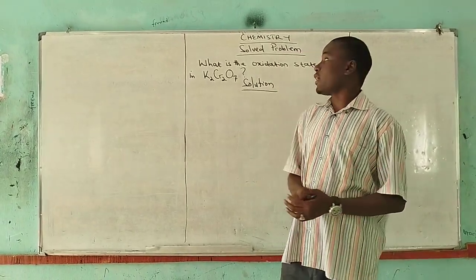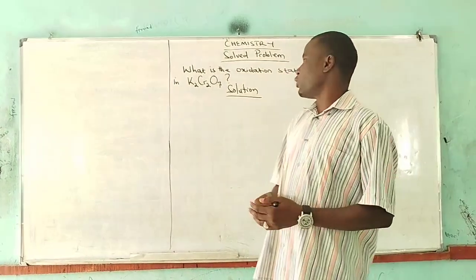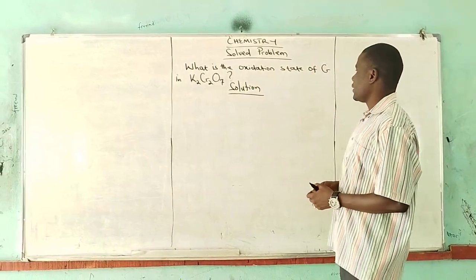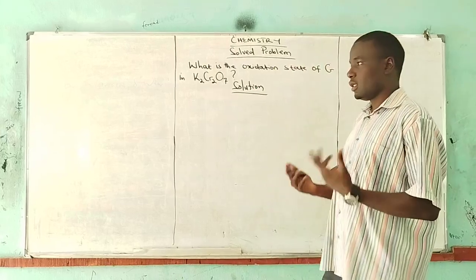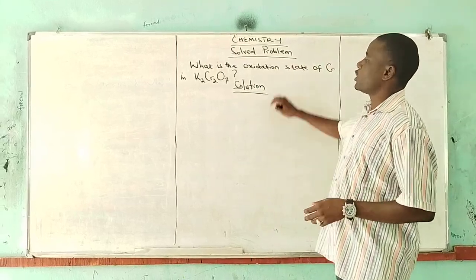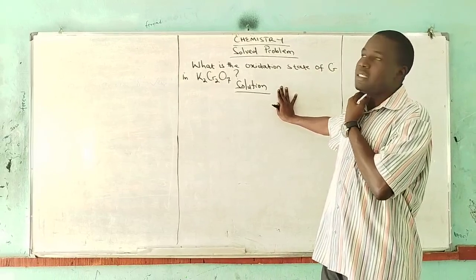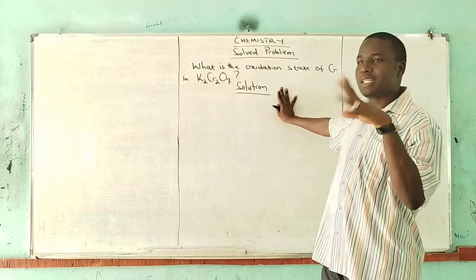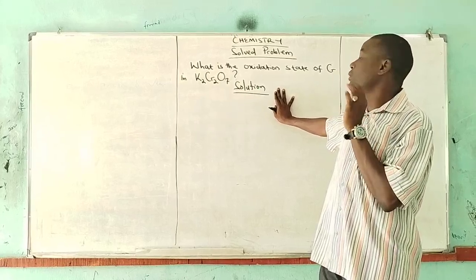So this is another sub-problem, and it is from Chemistry. The question is very simple. We extracted it from JAMB past questions. The question is very straightforward. Kuma tana da sauki.